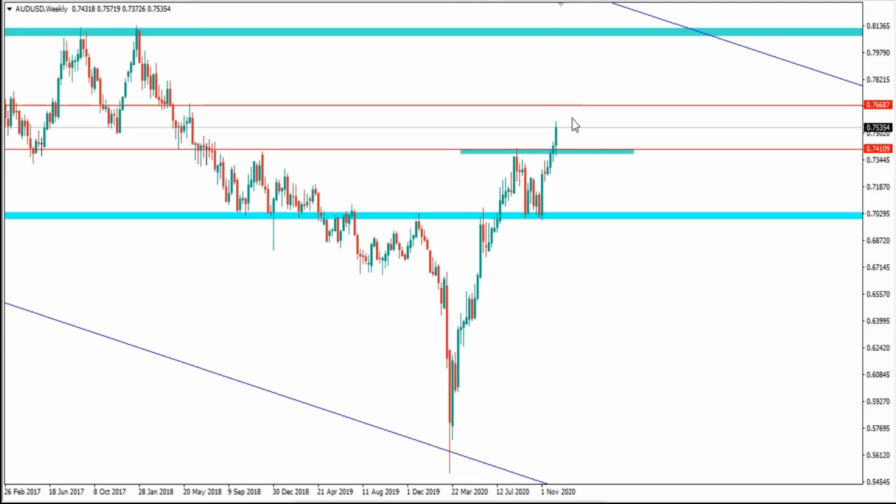So from the weekly time frame we can expect the price to get to this 76.68 area at least within the next couple of weeks. So what we expect from the weekly time frame is for the price to make it into this 76.68 area within the next few days or weeks, as the case may be. So that's what we have from the weekly time frame.